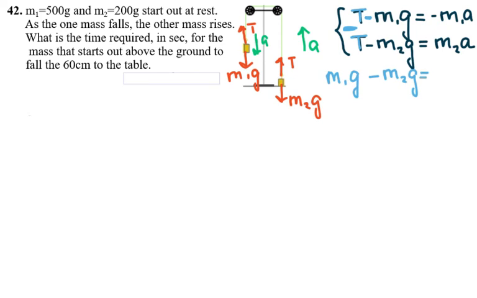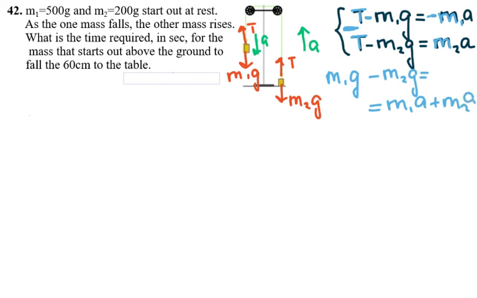On the other side, when I subtract, minus m2a and minus, minus m1a will give me positive. So I'm going to have equals m1a plus m2a.